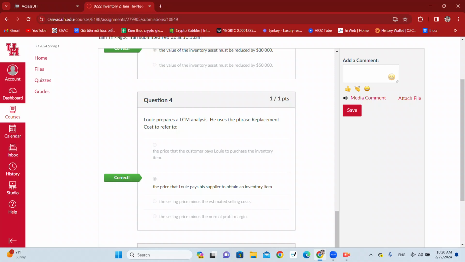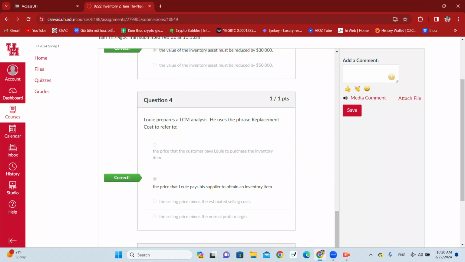I received $40 from customers for selling inventory to them, but 25% of the 40 is profit, which means that 75% of the 40, or $30, is the cost of inventory that I sold to them, also known as cost of goods sold.